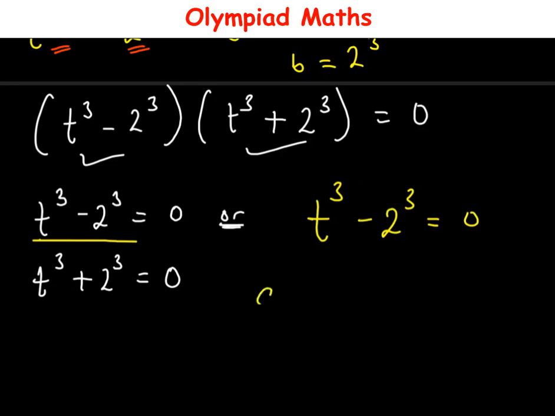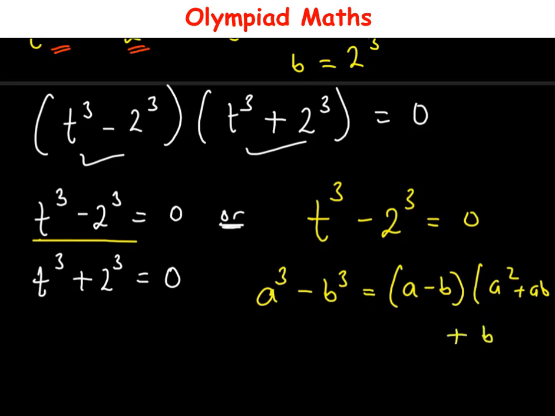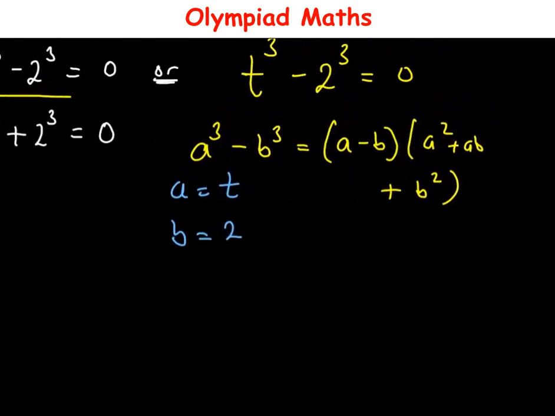If you have a raised to power 3 minus b raised to power 3, this is equal to a minus b multiplied by a squared plus ab plus b squared. In this case, the value of a is equal to t, while the value of b is equal to 2.